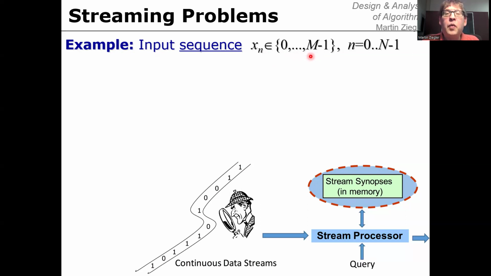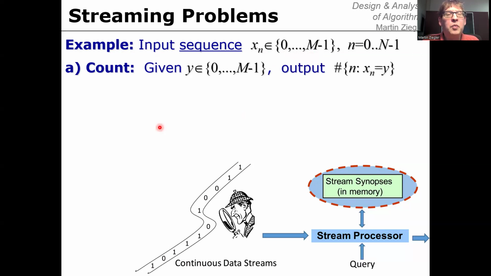What are some problems, some questions that we might be asked to answer about that input stream? One question is the counting problem. For the counting problem, we're given another input integer y in the same range, and we wonder how often that integer y occurs in that sequence. We formally output the cardinality, the number of indices of that sequence where the corresponding entry is equal to the given argument y.